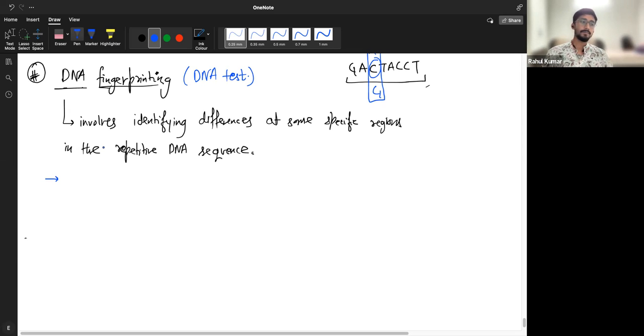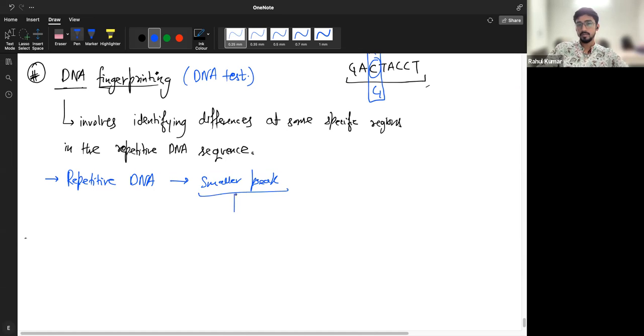Now, write down this satellite DNA. We have repetitive DNA, which forms the smaller peak and is different from the bulk DNA. This smaller peak forms the satellite, called satellite DNA.